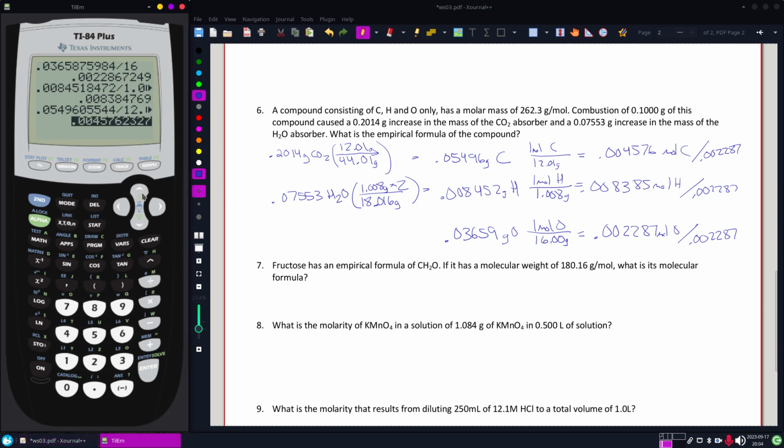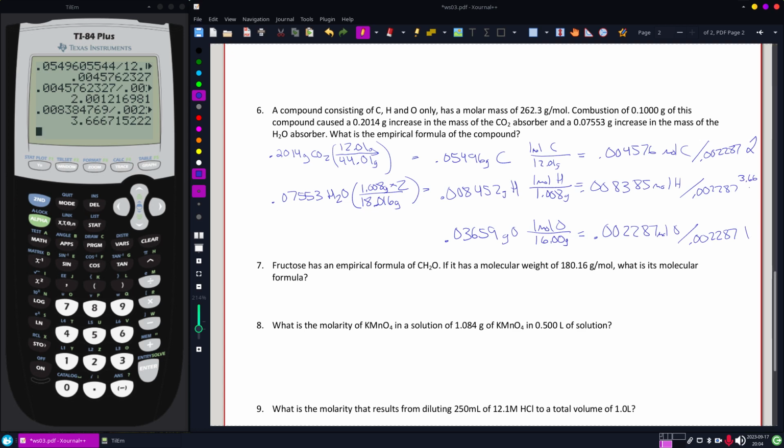So this divided by the 0.002287 gives me a roughly 2, and the 0.008 divided by the 0.002 gives us 3.66.